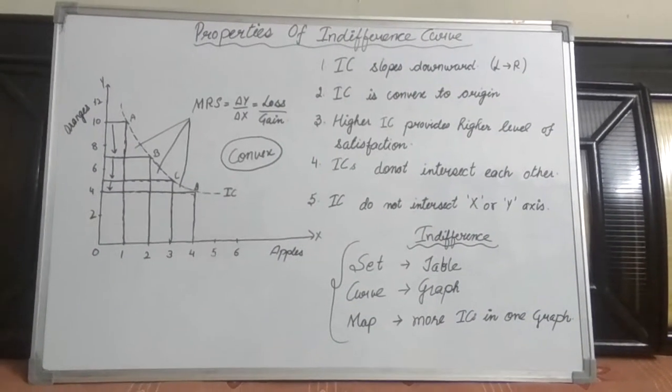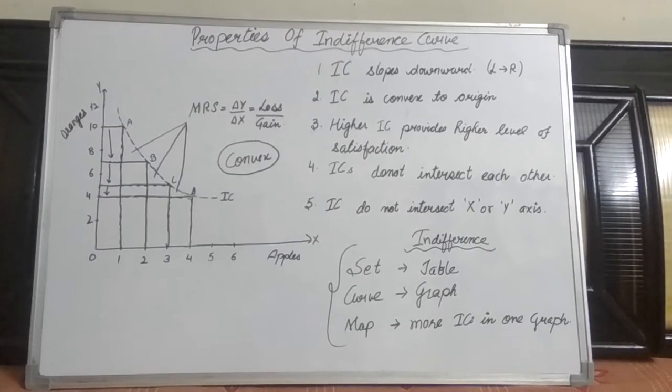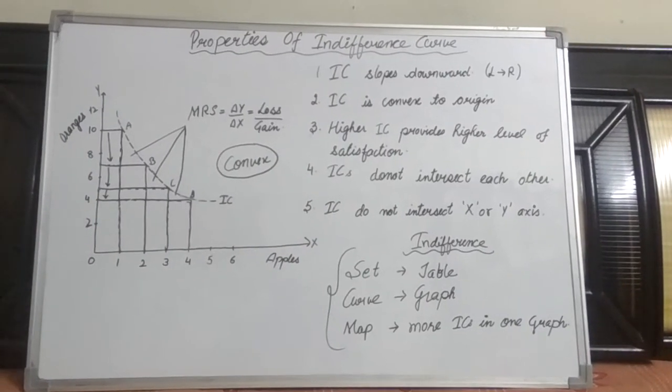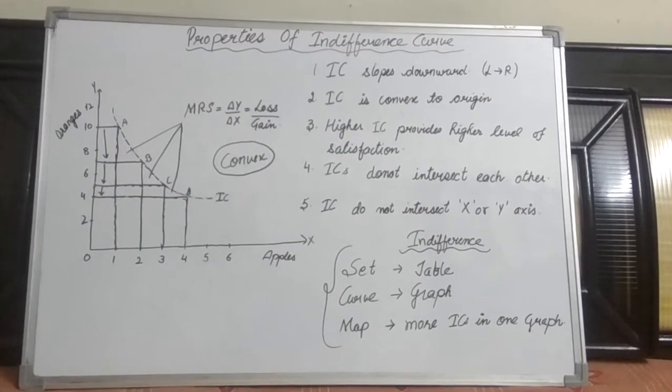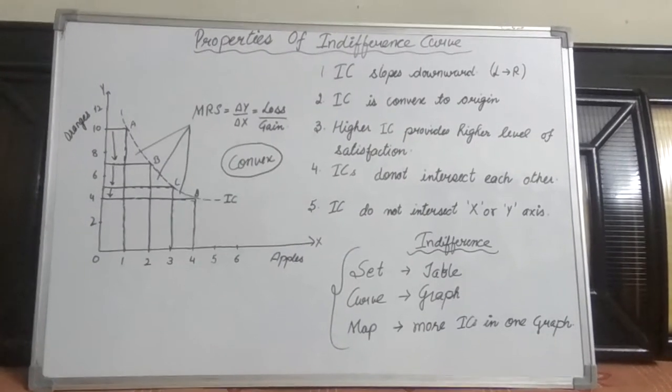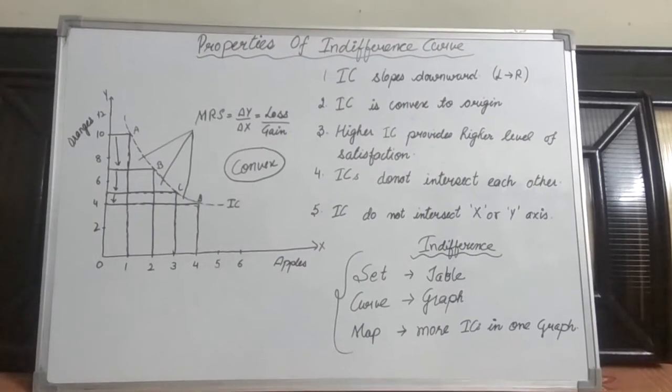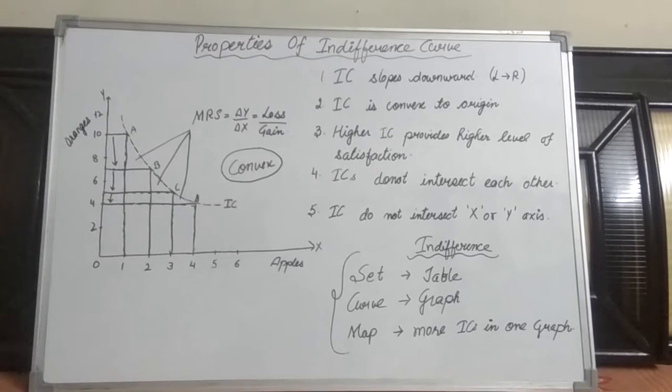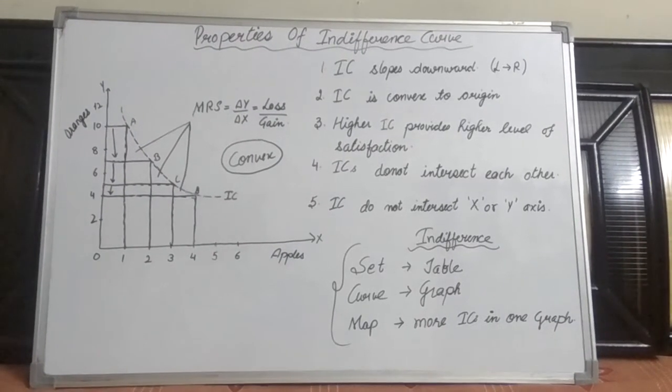That is why, moving from point A to B and from B to C with an increasing quantity of good x, he has to sacrifice some units of good y.